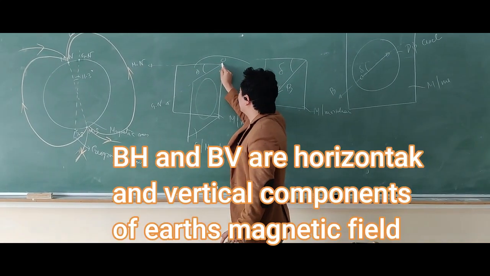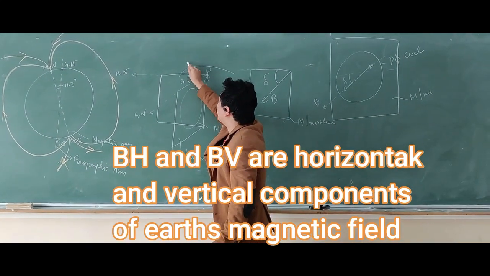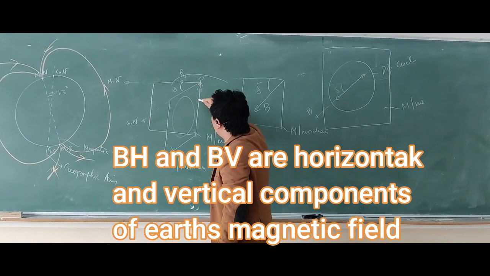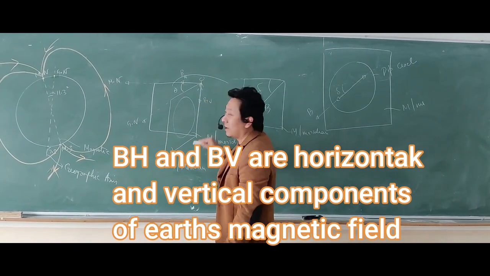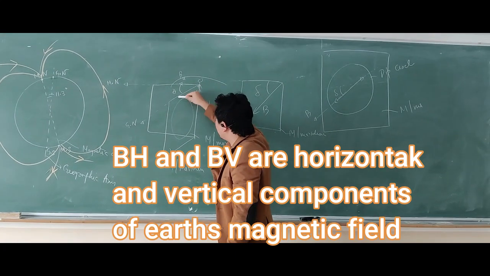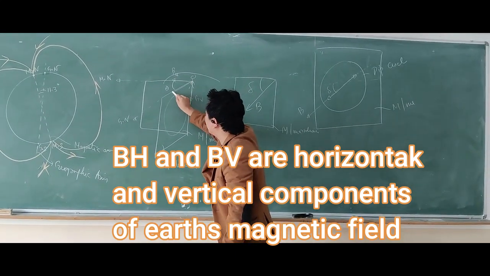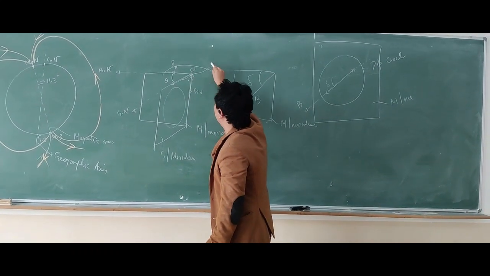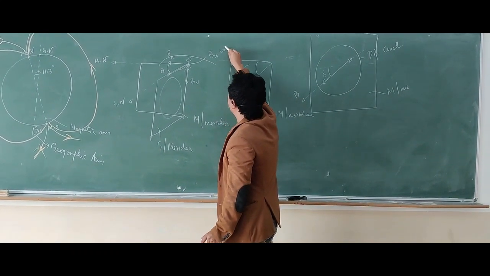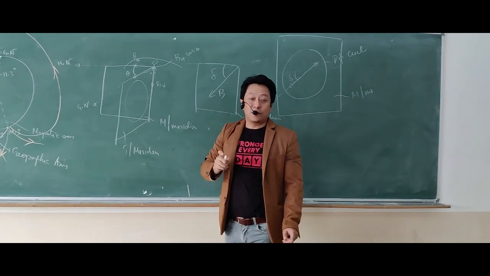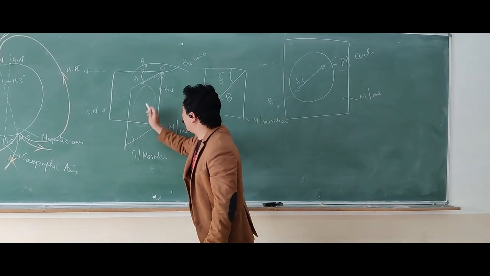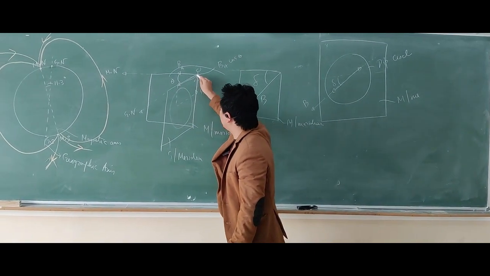Then you can see this is where your BH is, and this is where your BV will be. So here in this plane, do you see BV is still the same? But here BH will have a component. What will be that component of BH? BH cos theta.